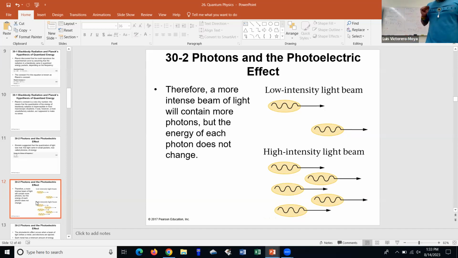So you can have photons with a given wavelength. If you increase the wavelength, you are reducing the energy, but the intensity can remain the same, because the intensity depends on how many photons you have in a given beam of light.